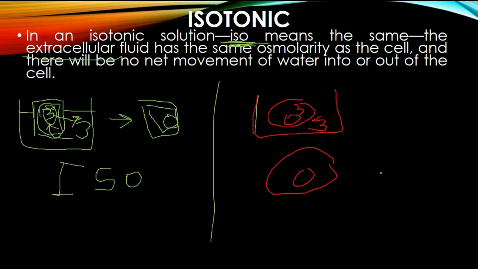So it will get a turgid shape. Everybody get that there? It's going to get a turgid shape. Now in an isotonic situation, they will not burst because it's not taking in too much. Everybody get that there? So the isotonic situation is there.